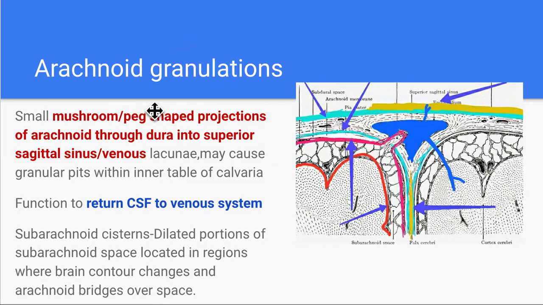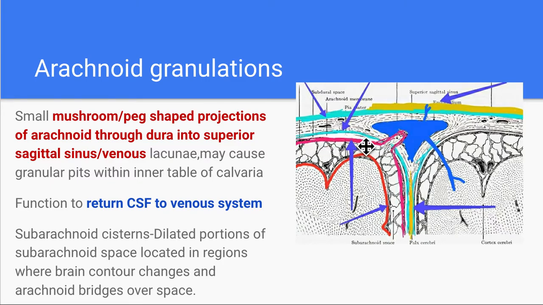Now we have something called arachnoid granulations. These are small mushroom-shaped projections of arachnoid through the dura into the venous sinuses or venous lacunae, and their function is to return CSF to the venous system.